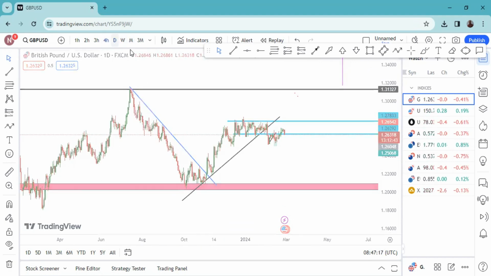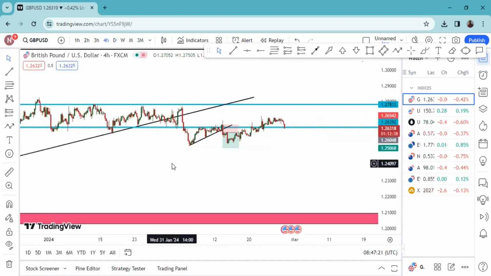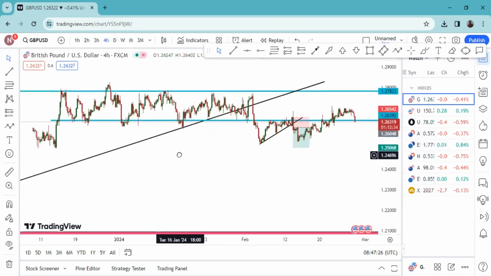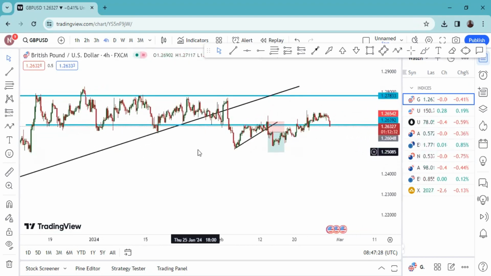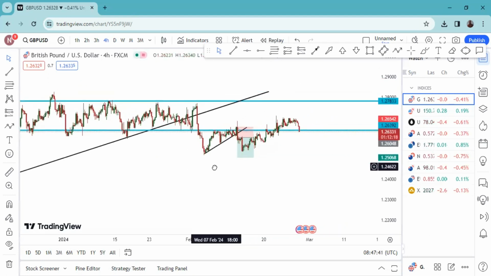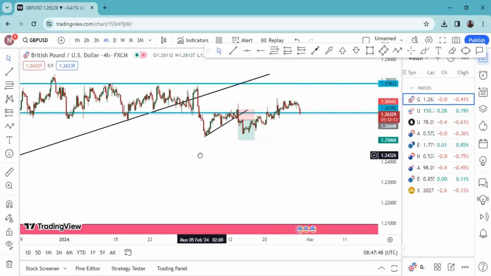Let me go to 4 hours, and on the 4 hour, this is how my trade performed. In my last video, I was somewhere around here, and I told you guys that the market broke this zone, retested it, and I was waiting for the market to break this counter trend line so that I can take my trade to the downside.